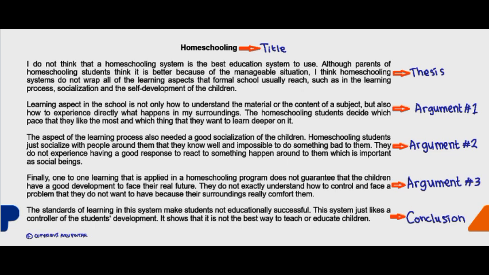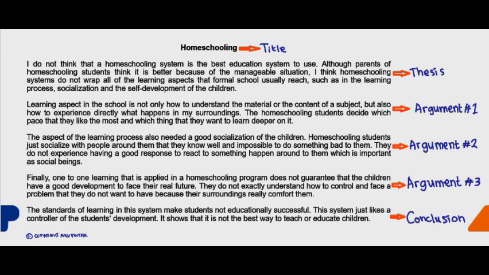This is an example of an exposition text that I found on the internet. First, you have a title, and second, the thesis. It's the same as the introduction. This part explains why, if the title is homeschooling, homeschooling has an effect on somebody else.